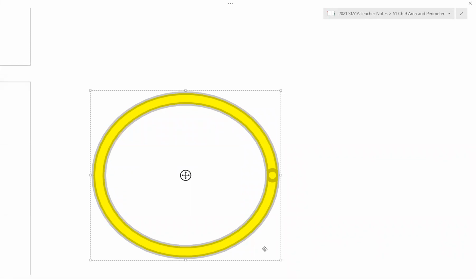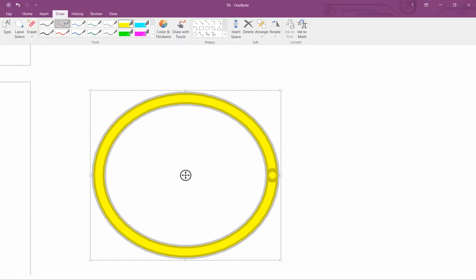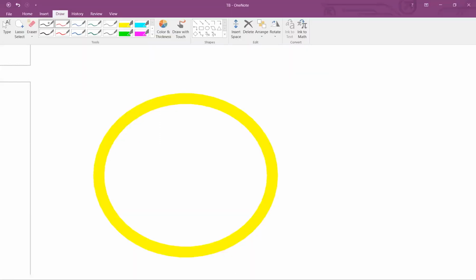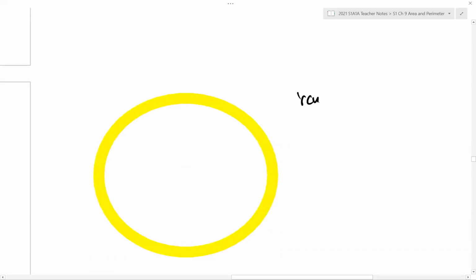Do you agree? One more time. If the radius is bigger, then the length of the yellow color portion known as the circumference is bigger. Do you agree? Makes sense, right? So definitely the circumference must be related to the radius.